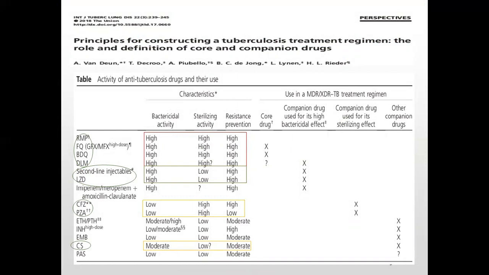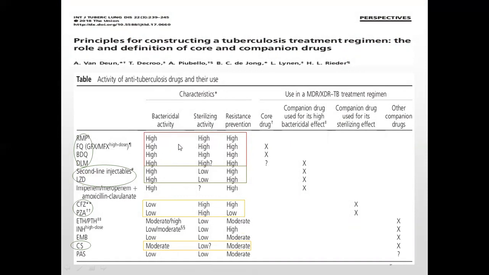We give the most important drugs first so the patient will adhere to the long treatment regimen, and because they provide relapse-free cure. The core drug has both moderate to high bacterial and sterilizing activity. So here we have the bacterial activity column, sterilizing activity column, and resistance prevention column.